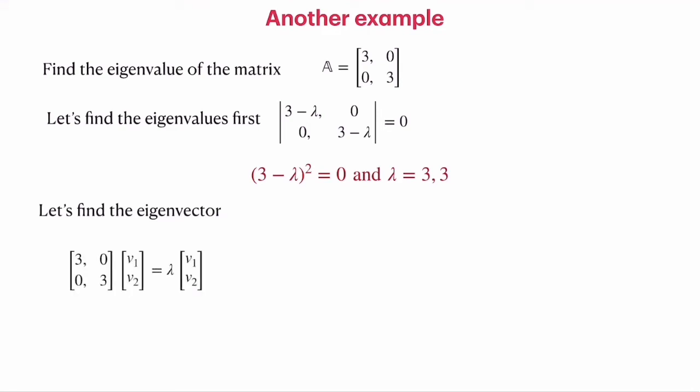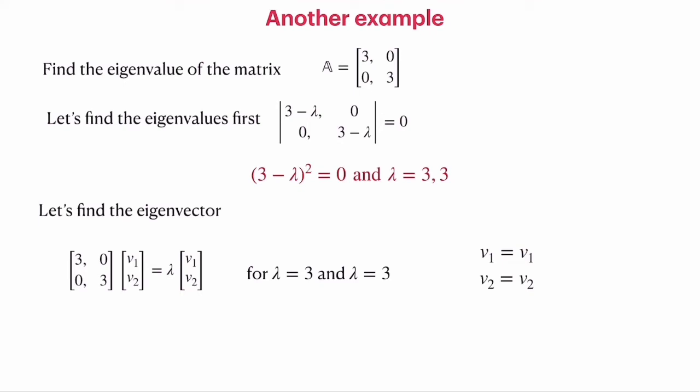Let's find the eigenvectors. We get 3, 0, 0, 3 acting on v1, v2 equal to lambda times v1, v2. So let's put the different eigenvalues. In this case, they are the same. So let's solve this. For lambda equal to 3 and lambda equal to 3, we get the condition v1 is equal to v1, v2 is equal to v2.